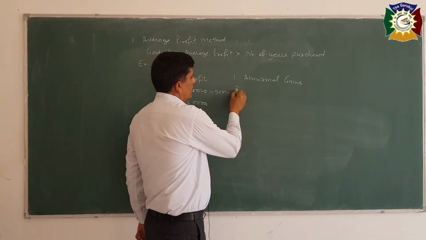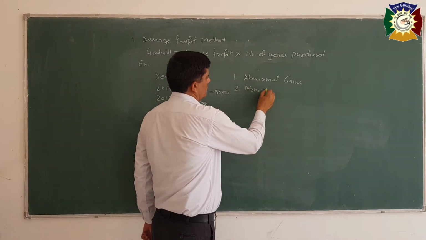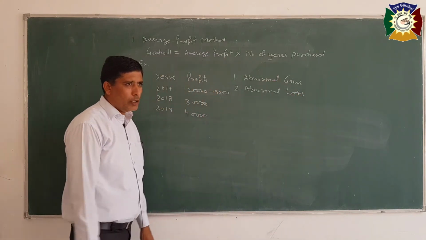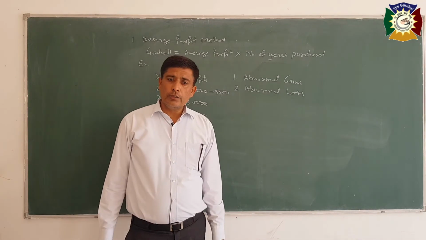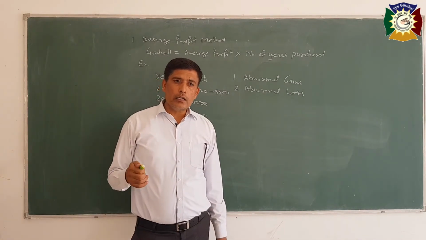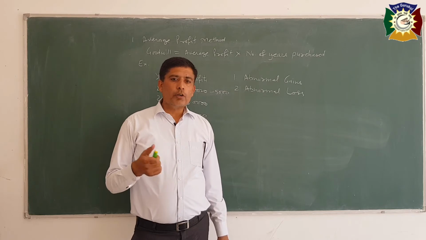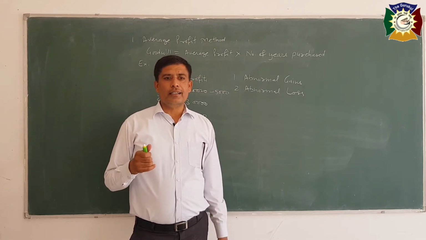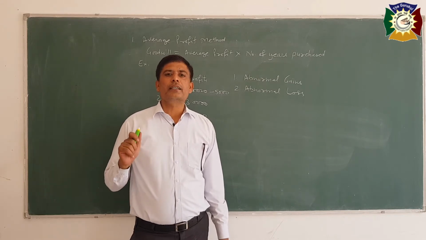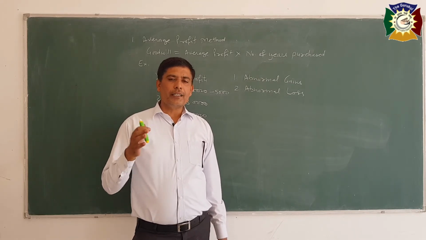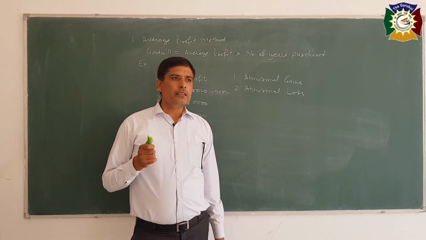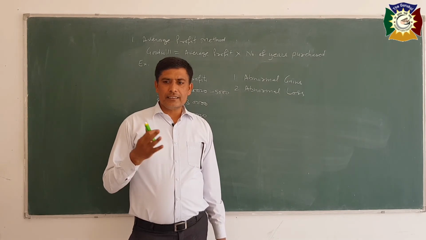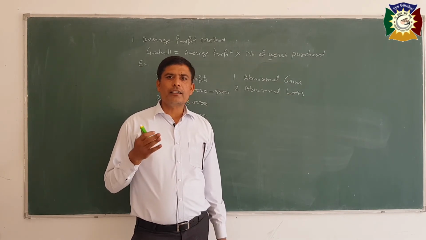Second, abnormal loss. Abnormal loss is that loss which arises in a particular year because of abnormal conditions, like a fire occurred in the godown and some goods were burnt in the fire. So we have incurred a loss, and the profits of that year will be reduced. There may be other reasons, like loss due to fire, or you can see the current situation, coronavirus.